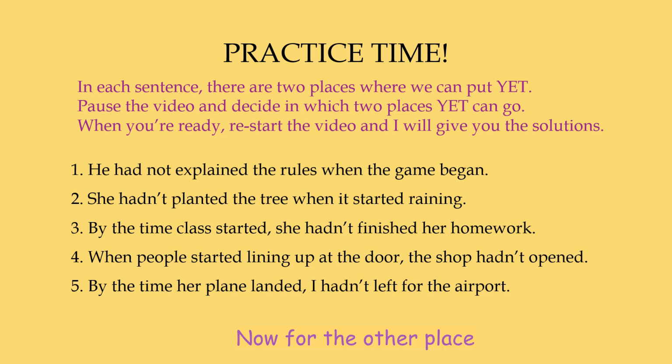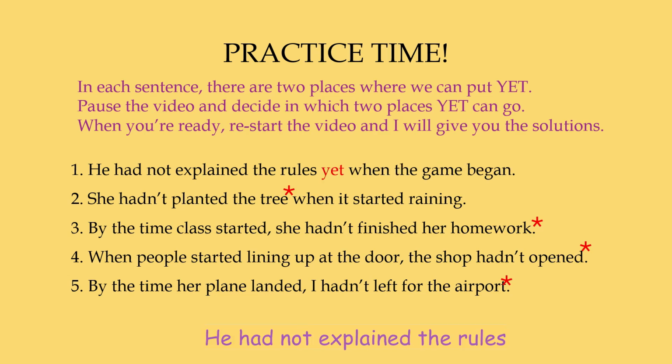Now for the other place that we can put yet. We know that yet can come at the end of the past perfect part of the sentence. So here are the answers. Now let's say the answers together. Number 1, he had not explained the rules yet when the game began.